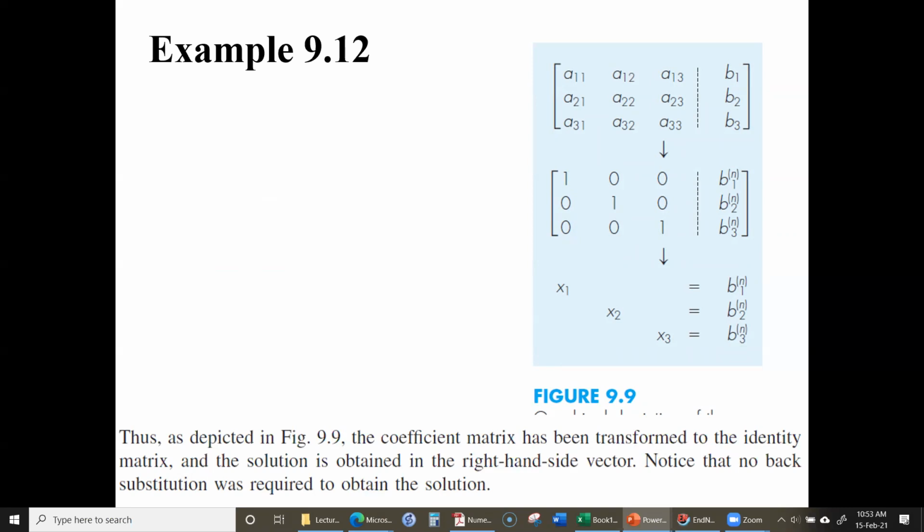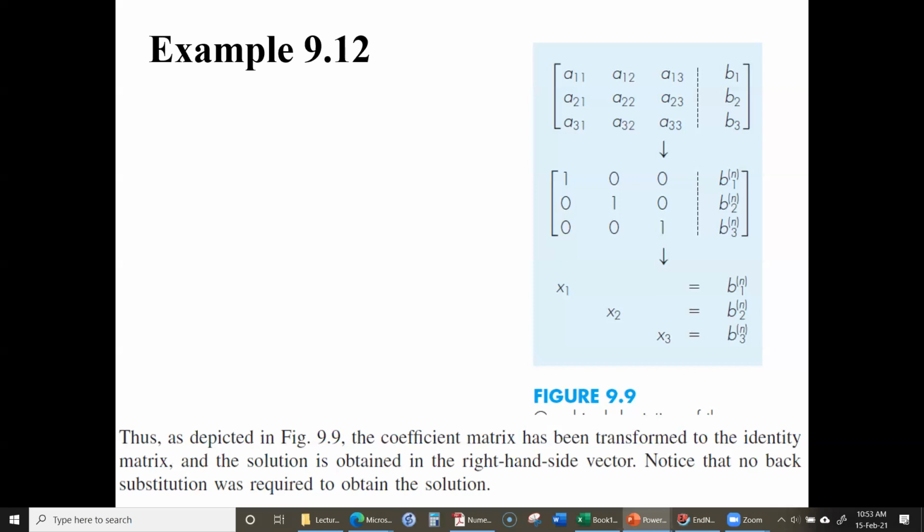In the simple Gauss elimination method, we don't do this many operations on the matrices, so we need back substitution to get the solution. But in this case, everything has been taken care of, so no back substitution is required, and the solution is obtained directly.